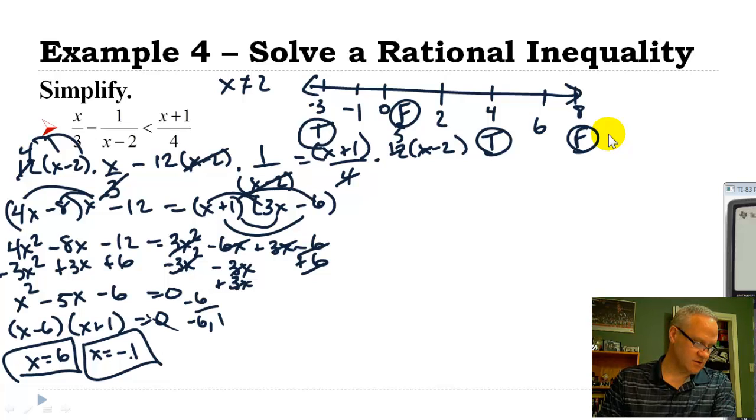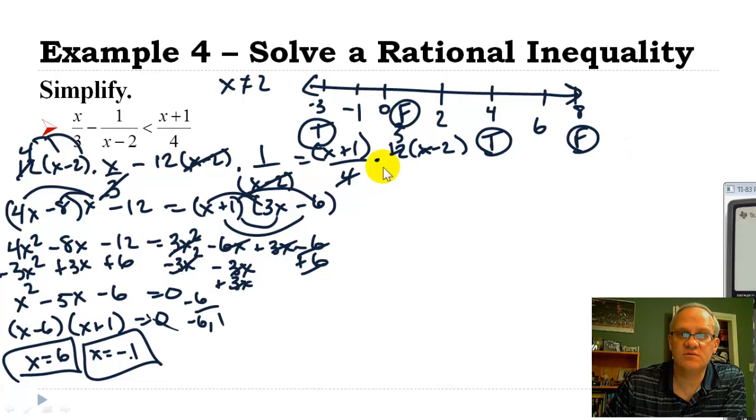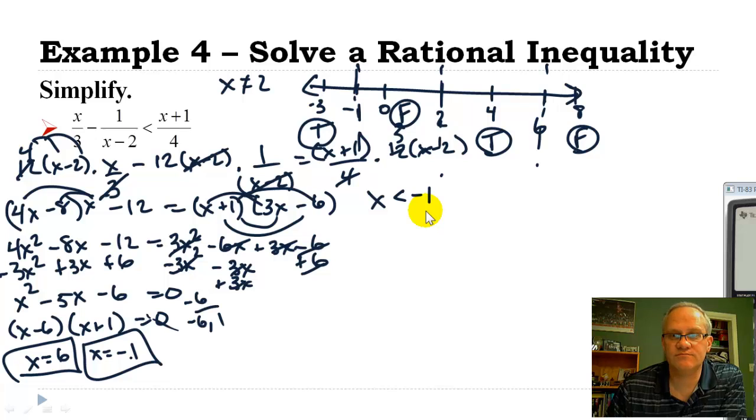So what you would have to say then here, and on your 2 parts, you're going to say that here's our key points, negative 1, 2, and 6. And so since it's true to the left of negative 1, you'd say x is less than negative 1. And since it's true in between 2 and 6, then you'd say or x is less than 6, greater than 2.